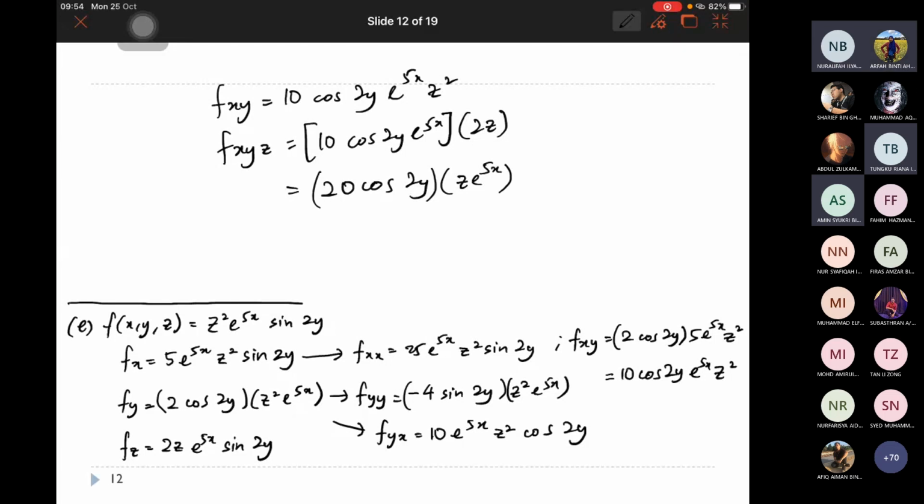So dapat. Okay, dapat. So ni soalan mana ni? Ni soalan E. Cuba buat soalan F. X cube cos YZ.